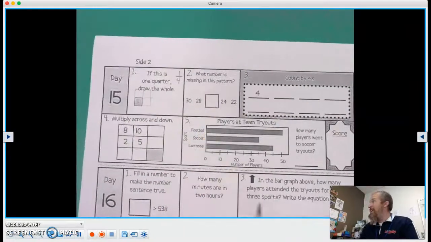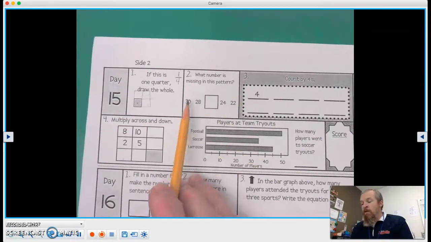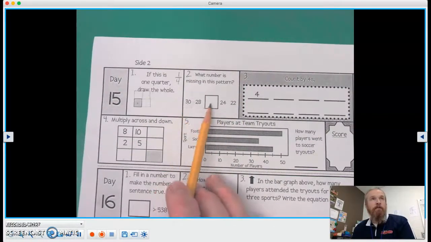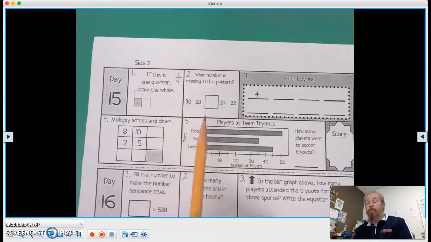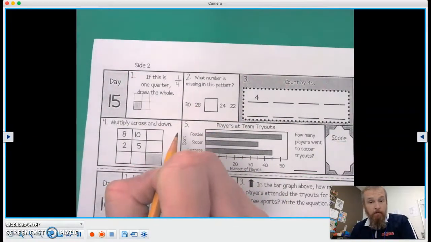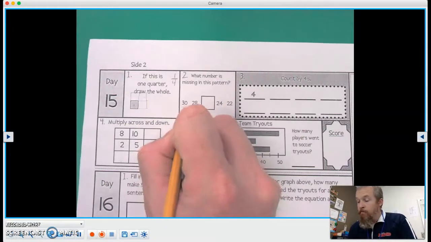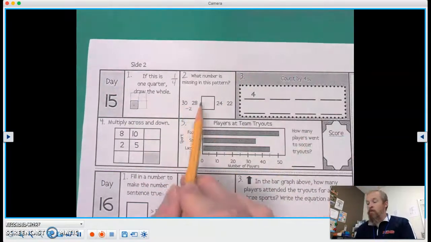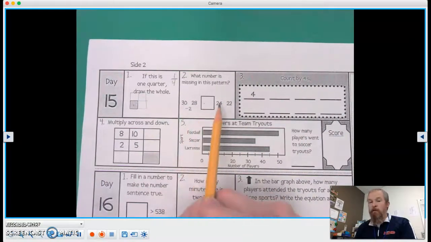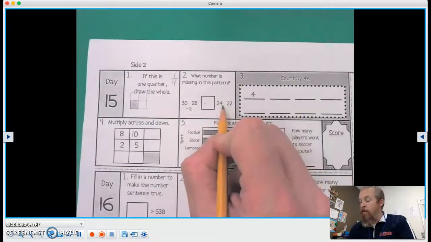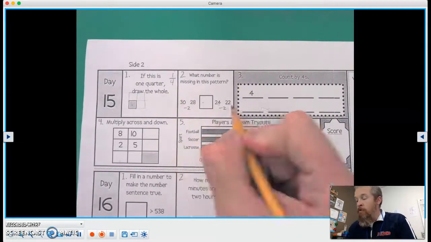So what number is missing in this pattern? We go from 30, and we go to a number that's lower than 30. And in this pattern, we drop 2. We don't know from here to here. But in this pattern, again, we drop 2.